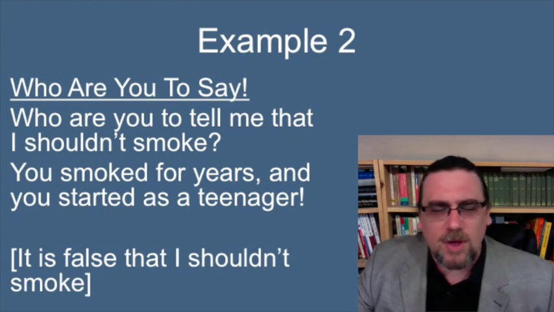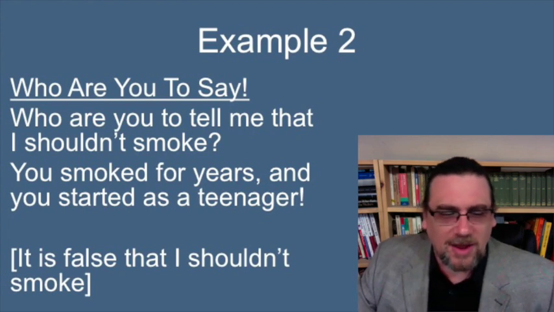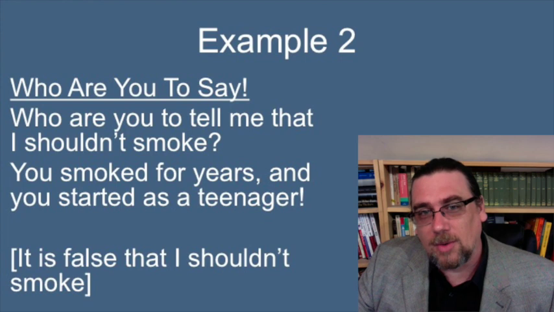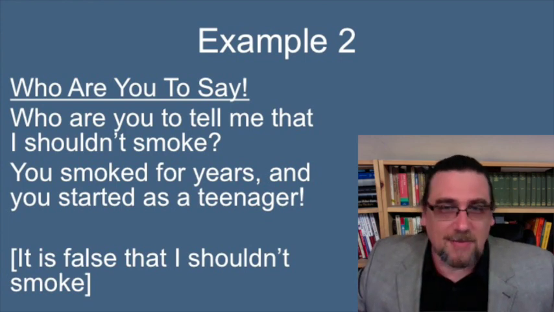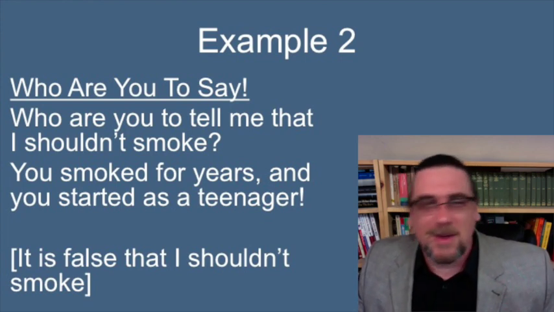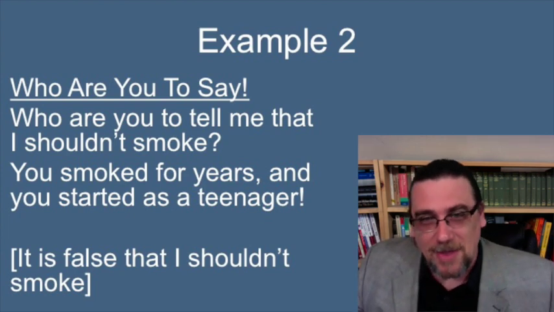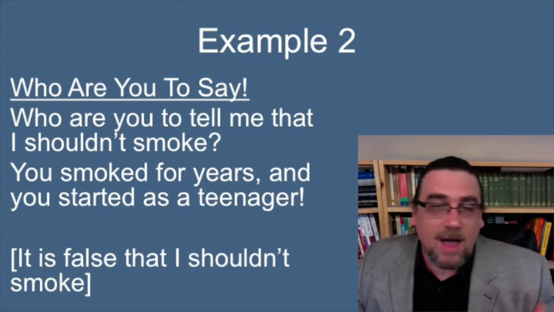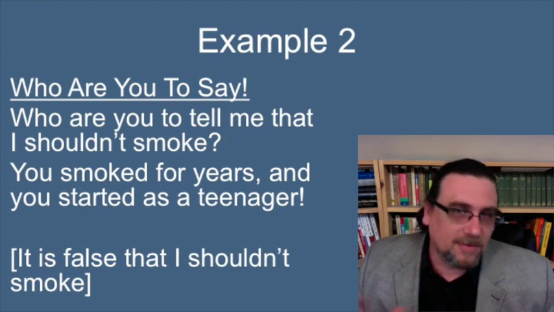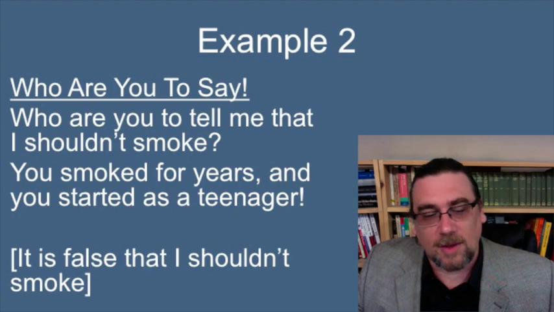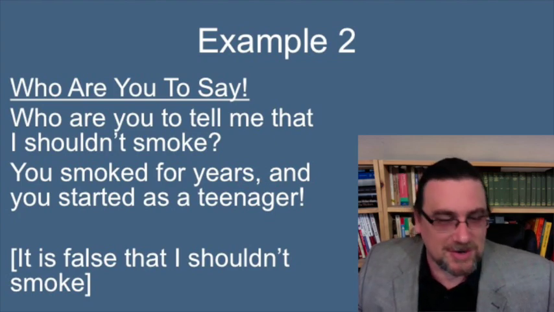You smoked for years, and you started as a teenager. So therefore, it's false that I shouldn't smoke. And this goes against the evidence that smoking is, in fact, bad for you, perhaps even worse for you as a kid than it is as an adult. And there's a lot of things that get dismissed this way. This is a fallacious example, but we could tie this in with all sorts of imprudent decisions on people's part.